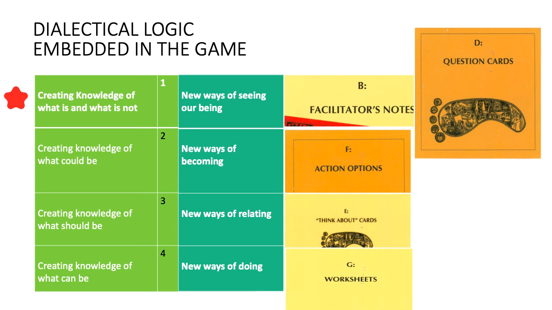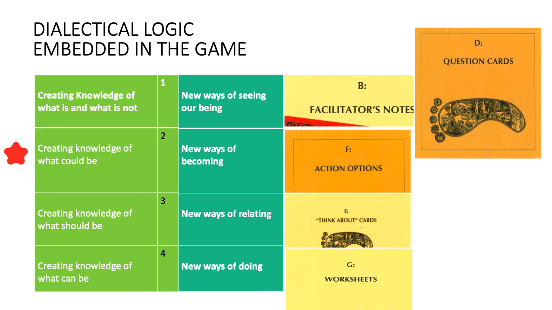The question cards are a little bit more personal, and they help you to measure your footprint, so they tell you what your footprint is, but it also indicates where you are perhaps not using the things that you need in order to contribute to your well-being. So this game gives us that first part of the dialectic, helps to give us new ways of seeing our being.